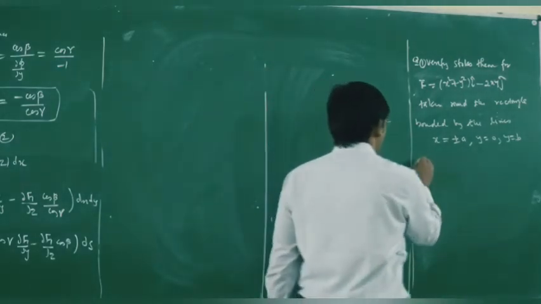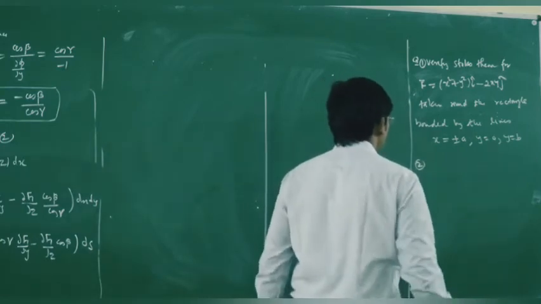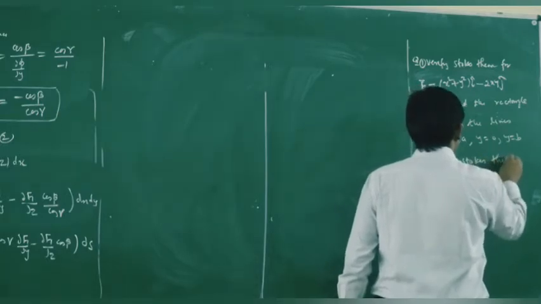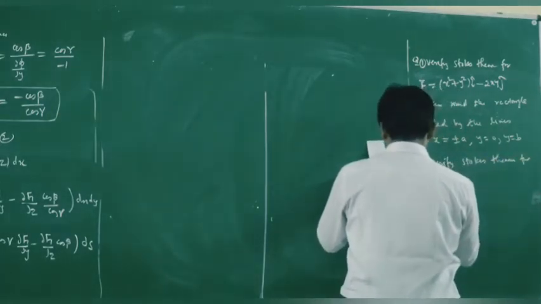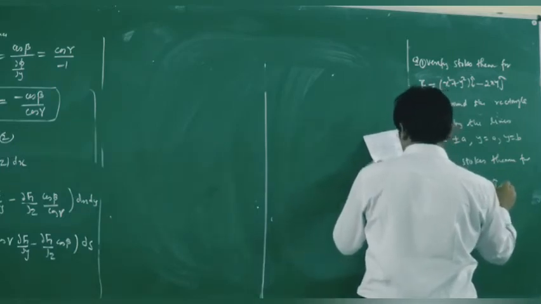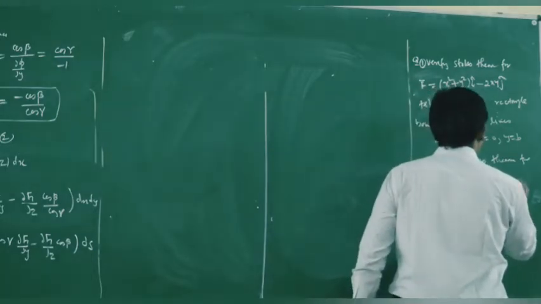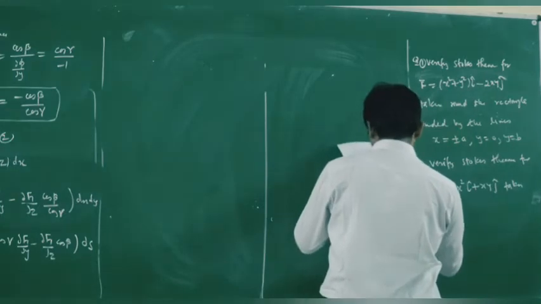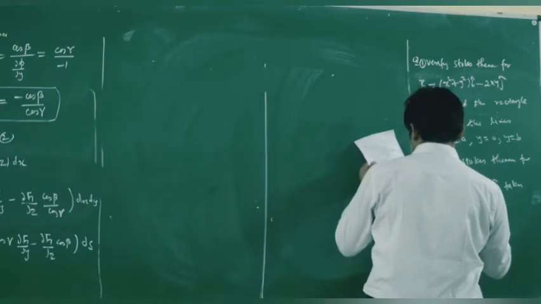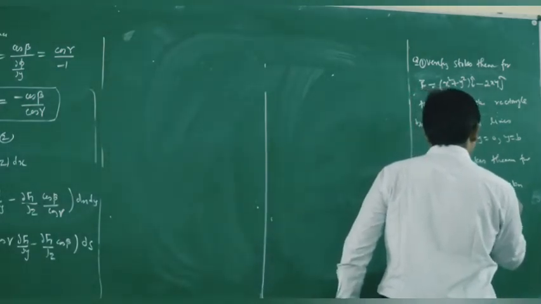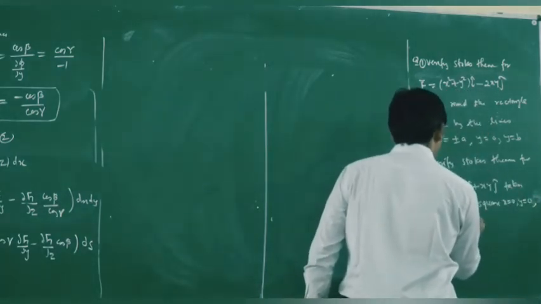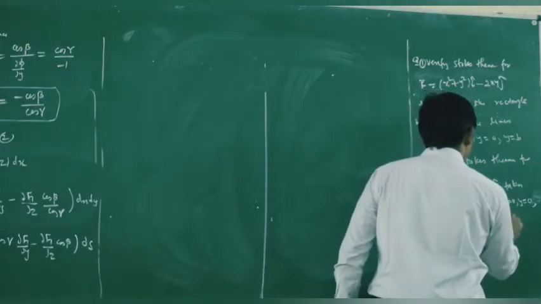This is your question number 1, and then a similar question is to verify Stokes theorem for f equal to x square i plus xy j, taken round the square x equal to 0, y equal to 0, x equal to a, y equal to a in the plane z equal to 0.